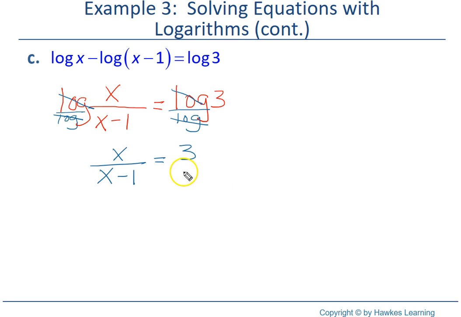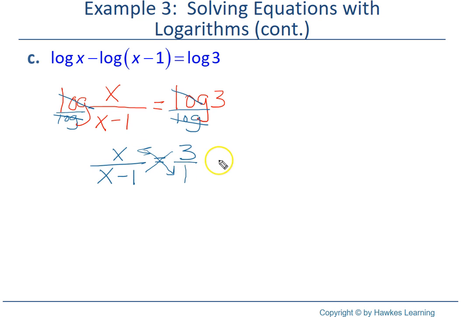Well, that's a little bit easy. And again, this is 3 over 1 in a sense. So I don't know if you recall from algebra that when you have a fraction equals a fraction, this is a proportion, we can actually cross multiply.